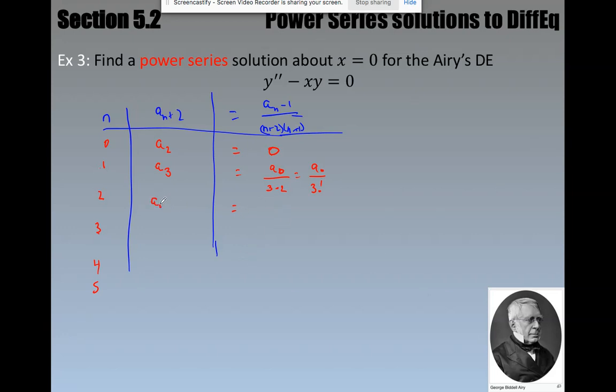So a sub 4 is going to be a sub 1 when n is equal to 3. Oh man, I am not doing my table very neatly, am I?